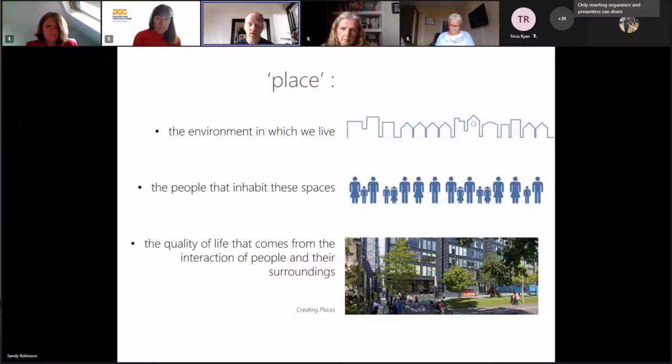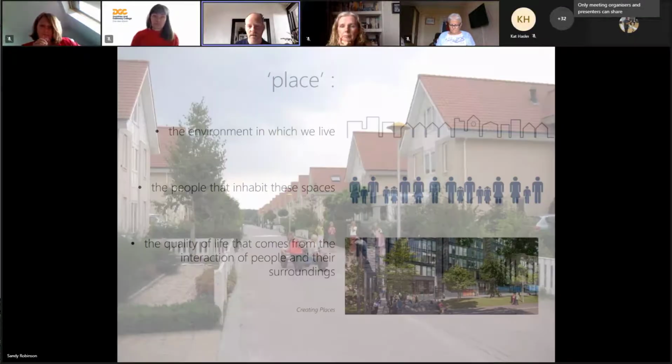But we are equally, if not more, interested in people and how they inhabit these spaces, and then the interaction between people and the environment themselves too. So that interaction, that quality of life that is derived from the physical and social environment is certainly something which we consider to be at the heart of Place itself.